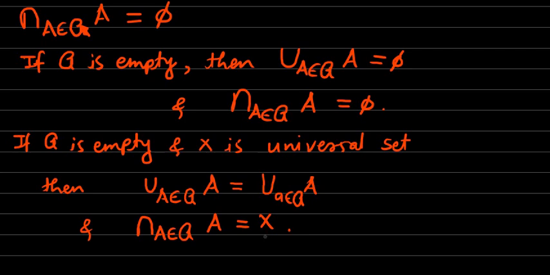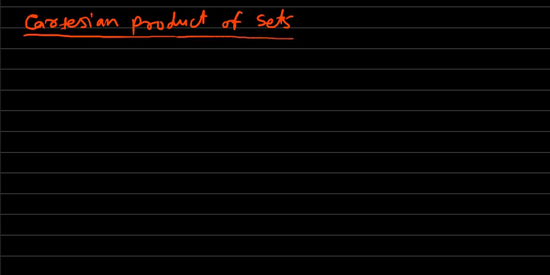Next one is the Cartesian product of sets. First of all, we will discuss the Cartesian product of two sets, then we will generalize it.